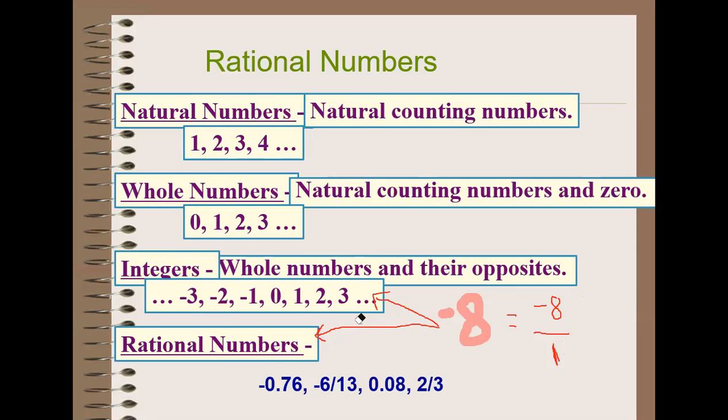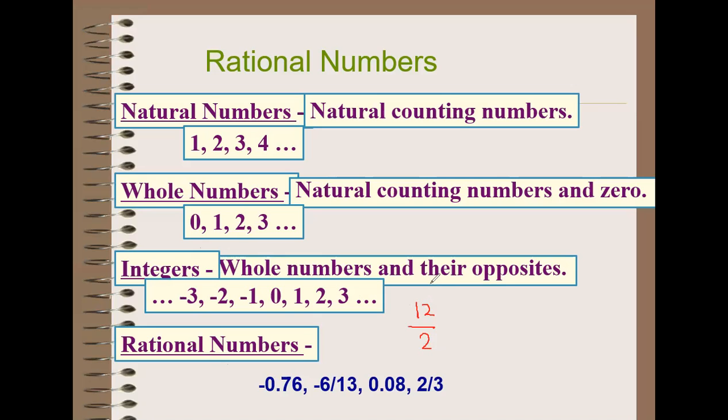Let me show you how. In case I have 12 over 2, 12 over 2 belongs to rational, right? And also belongs to integer. Why? Because 12 is divisible by 2.